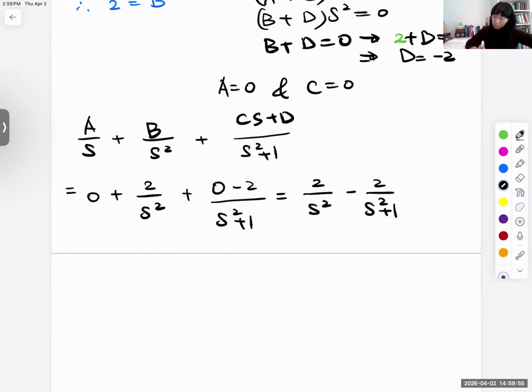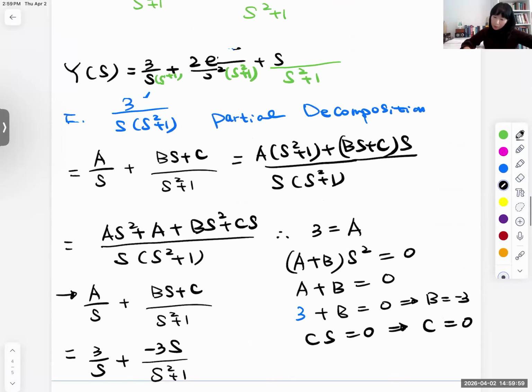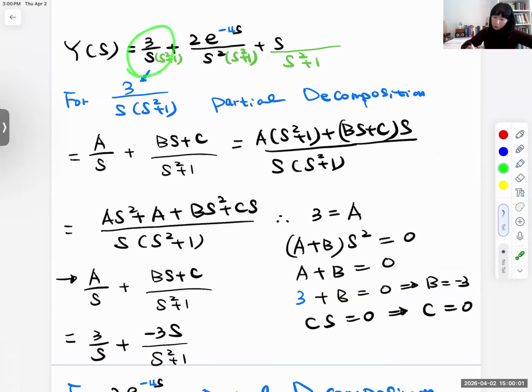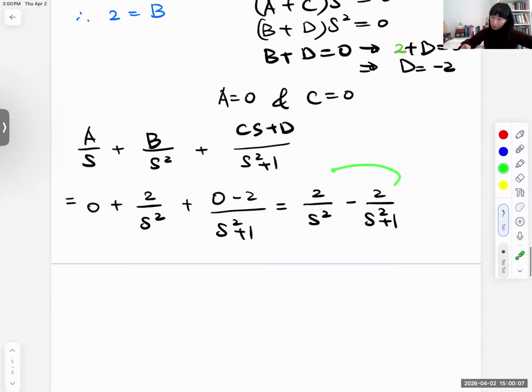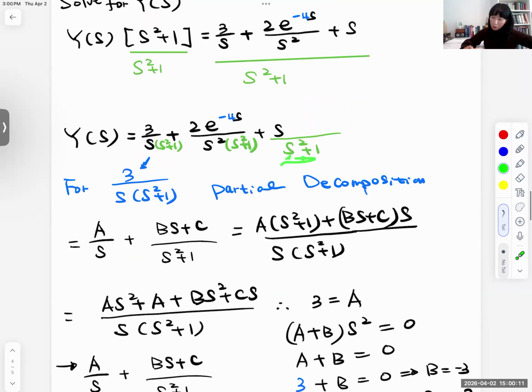Okay, so all together then, look from the first term, we have a partial decomposition, and then we get this one, right? And then second one, we get this one. And third one, can you see that? We have only S squared plus 1. It's already simplest form, so we don't need a partial decomposition, all right?